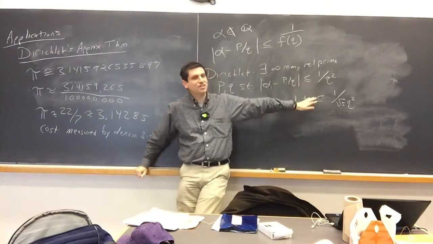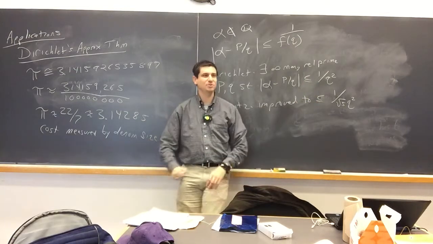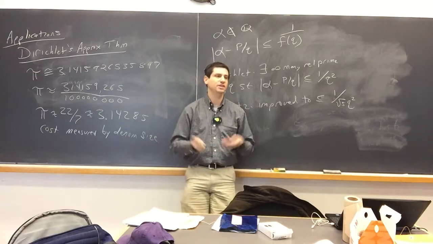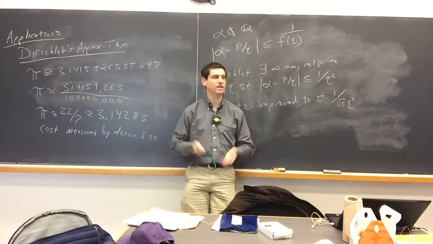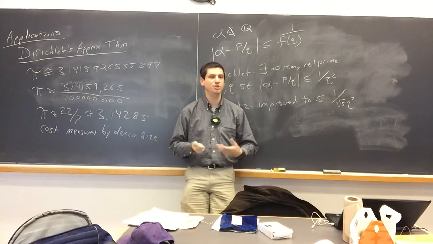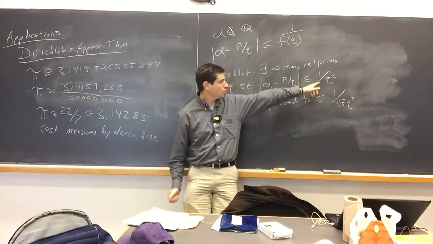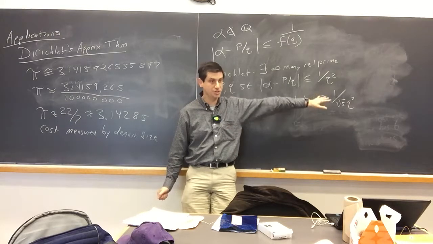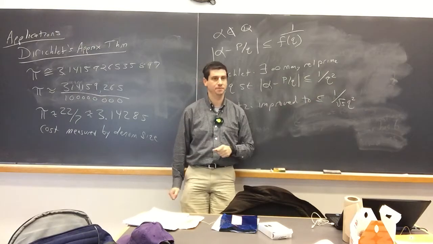Now again, earlier today when we were doing zombie infection, we talked about going from n squared to 1/2 n squared. And we said this is not really that big of a deal because you can go all the way down to n. That 50% improvement is not that big. We can't get lower than this. This is the best you can do. So this is a real improvement over Dirichlet.